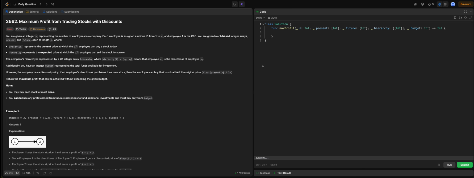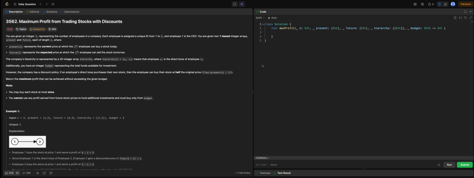So we're given an integer n representing the number of employees in a company. Each employee is assigned a unique ID from 1 to n. Employee 1 is the CEO, of course. Unless you're Steve Jobs, you will begin with employee 0.